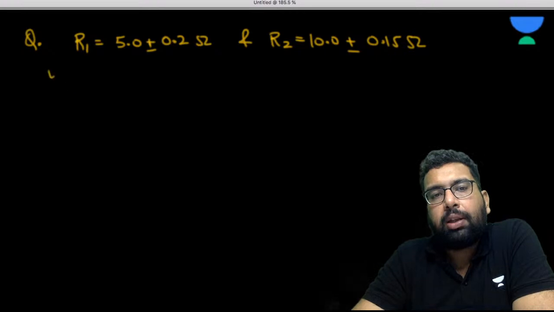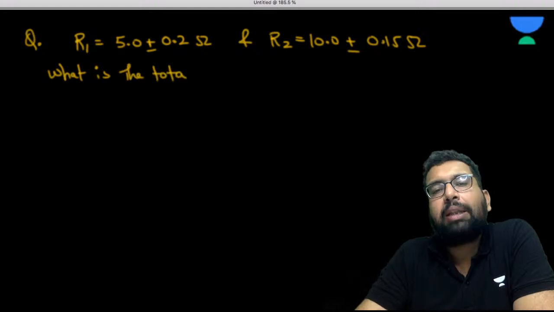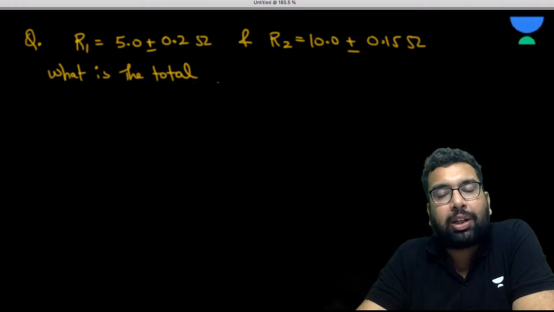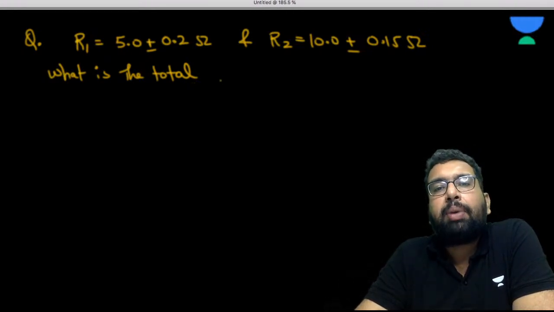So what is the total resistance? In the last session, we have seen that if two resistors are connected in series, what is going to be their cumulative error, or the final error in the measurement of resistance.